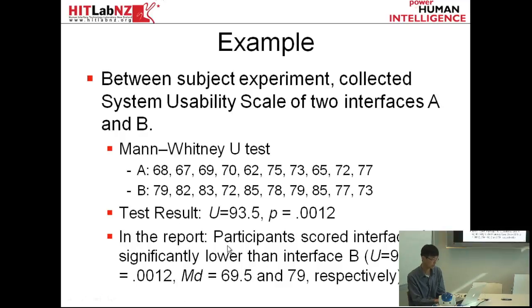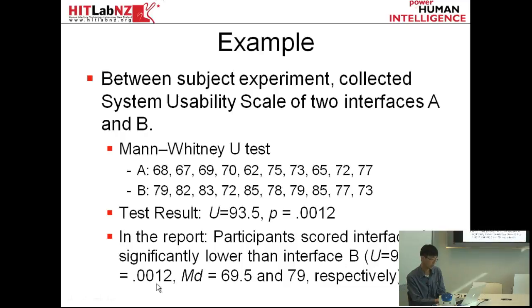So in your report, what you can say is participants scored interface A significantly lower than interface B, I think, based on the median of each of the samples. And the reason why this difference is significant is because of the p-value it printed out from the Mann-Whitney test.